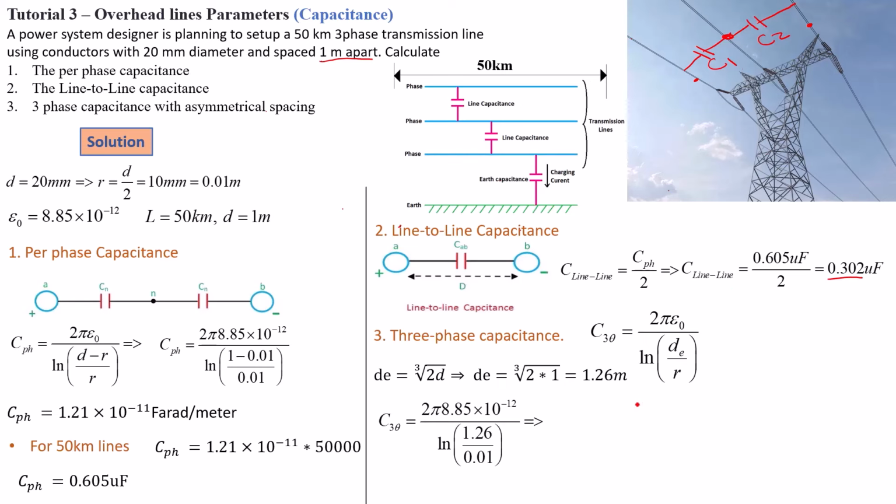Right, so now we can go ahead and plug in our variables, because we know our De and our radius, and that gives us a three-phase capacitance of 1.14977 times 10 to the power negative 11 farad per meter.